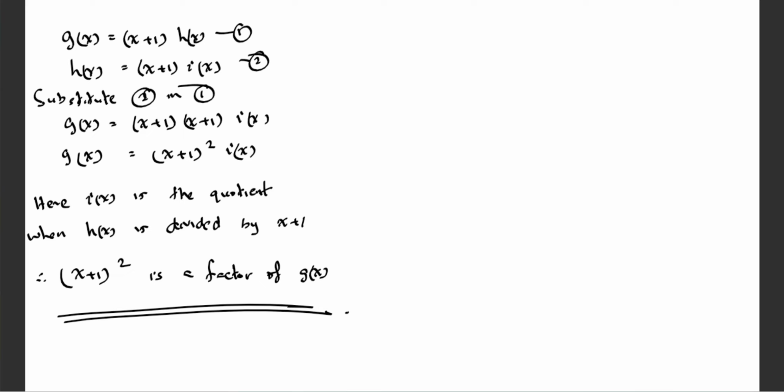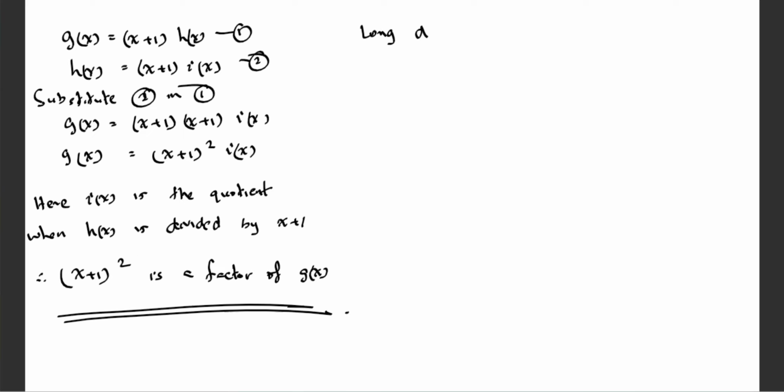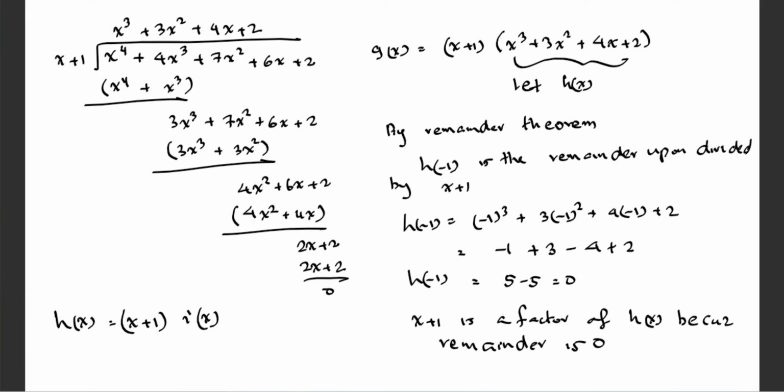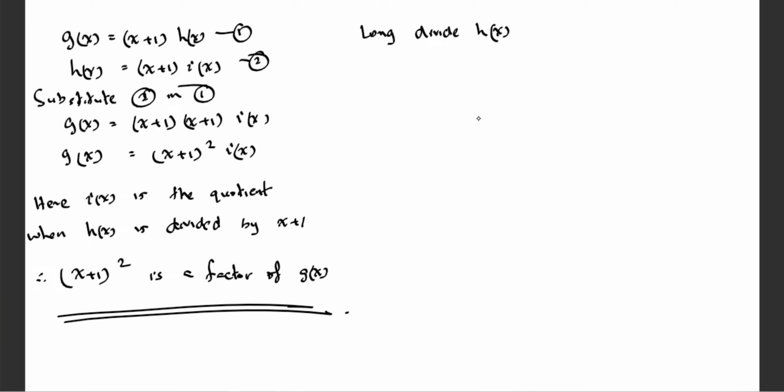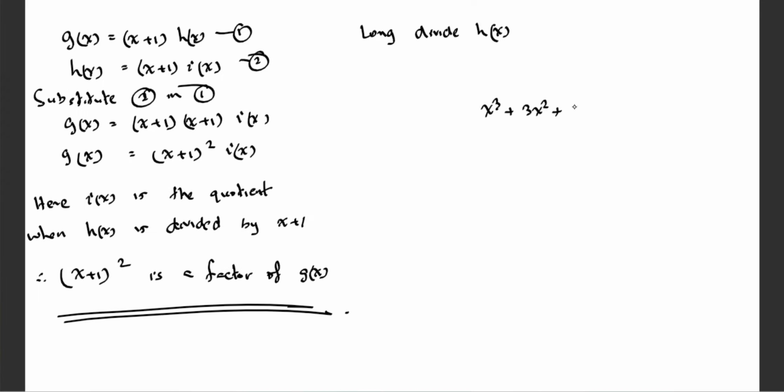Now consider hx and long divide it. hx is x to the power 3 plus 3x to the power 2 plus 4x plus 2. You divide by x plus 1. Here you will have x squared, so x to the power 3 plus x to the power 2.